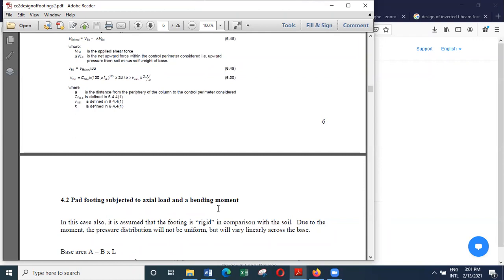So how do we deal with this variable pressure under the base in case the footing is subjected to a vertical load and a bending moment, so that it will cause non-uniform stress distribution below the base?